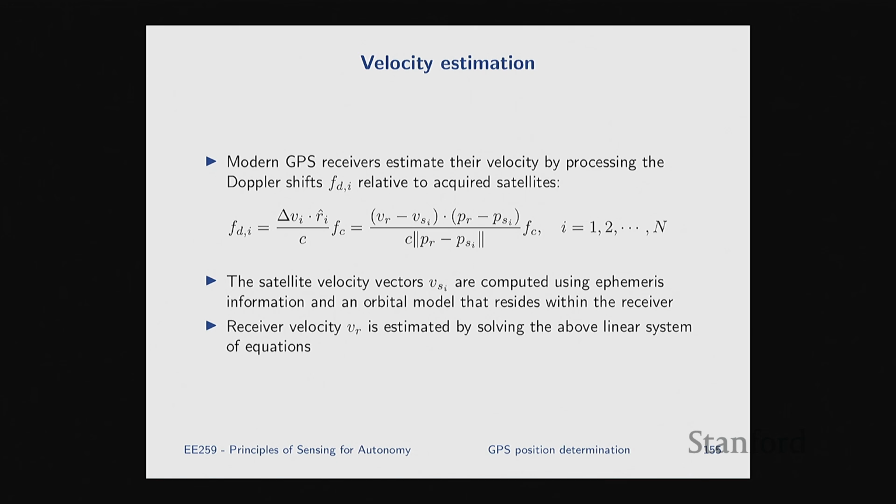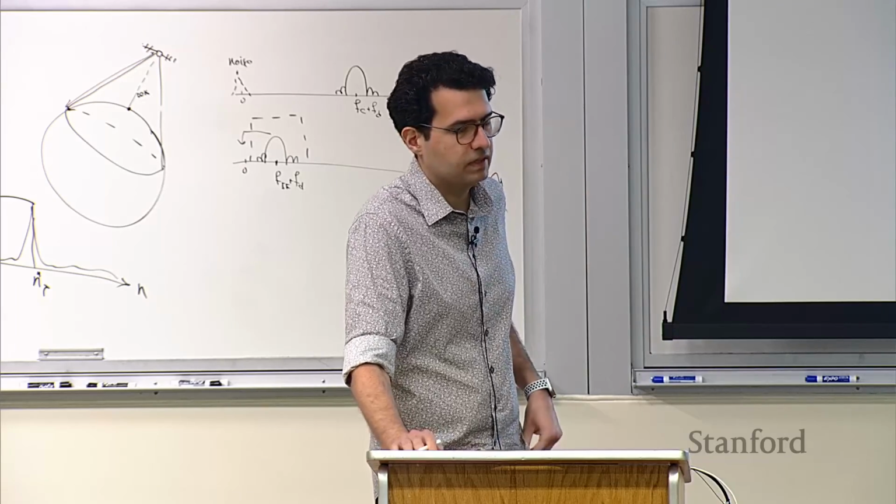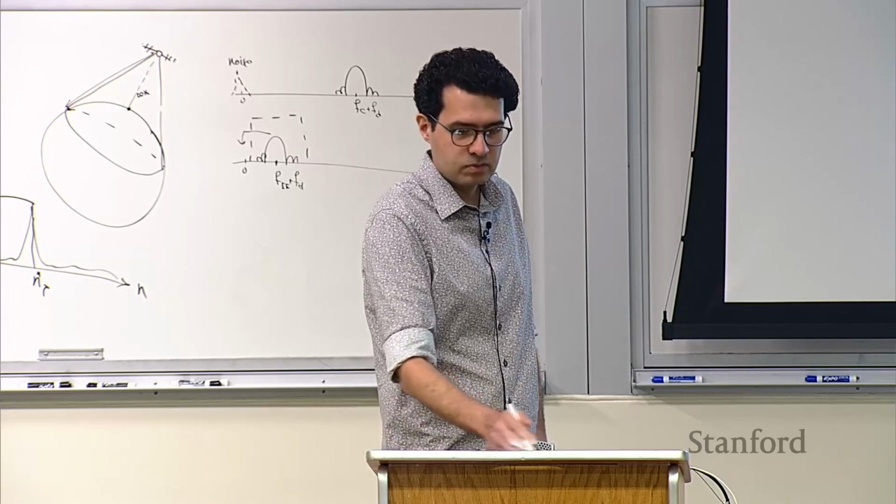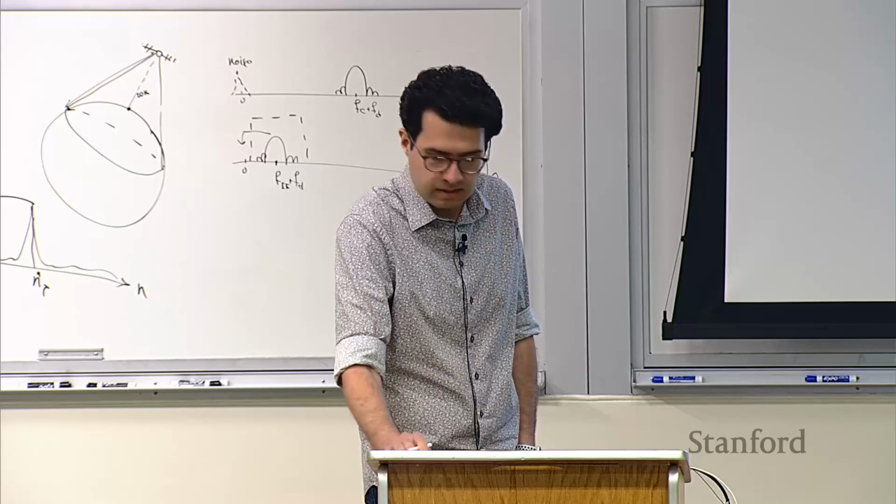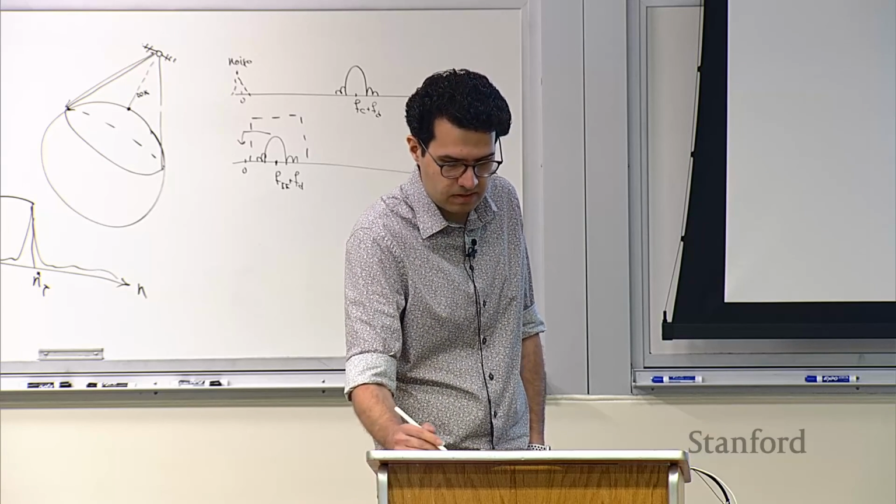Why is it limited? Because remember, the estimate of Doppler is kind of coarse. It's 250 hertz bins. So that's what makes it a little limited, because FD is coarsely estimated. It's not a very accurate estimate. But other than that, this works perfectly, and pretty much every GPS does that.